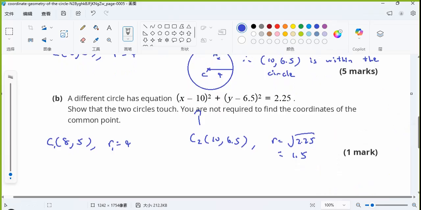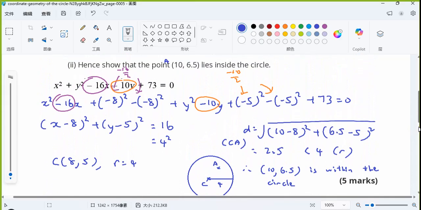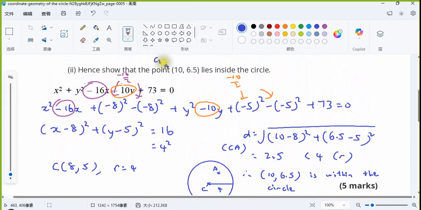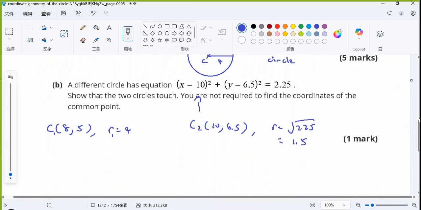And just now we know that the A here is actually C2, (10, 6.5).